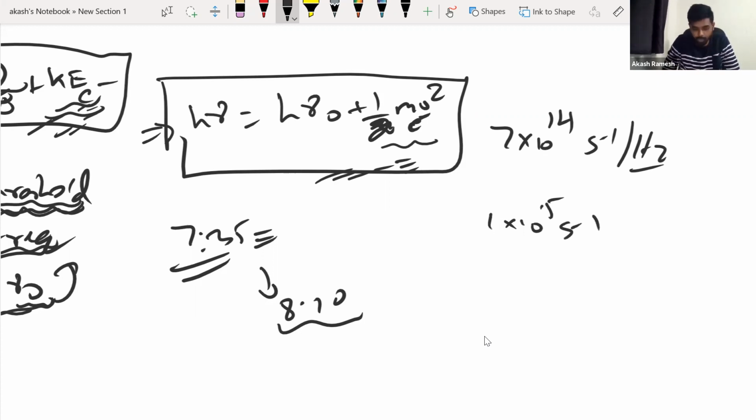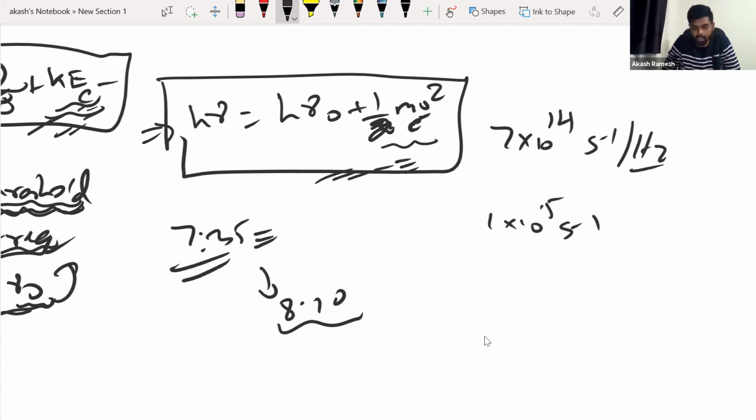A radiation of frequency 1 into 10 to the power 15 per second hits the metal. Now the question is, find the kinetic energy of the emitted electrons.